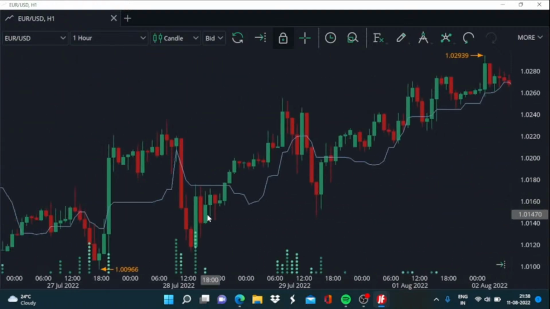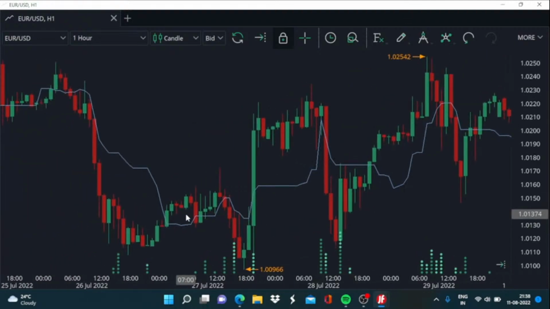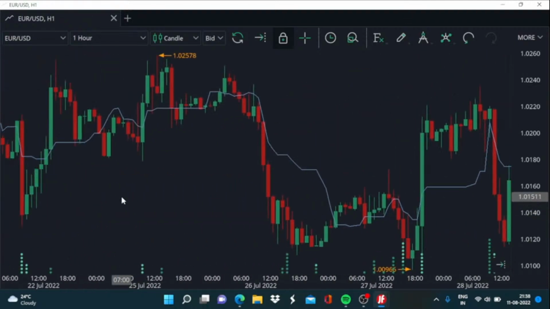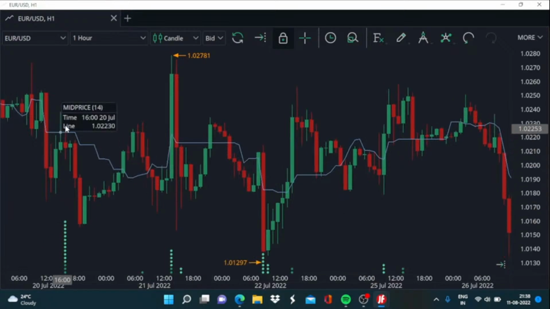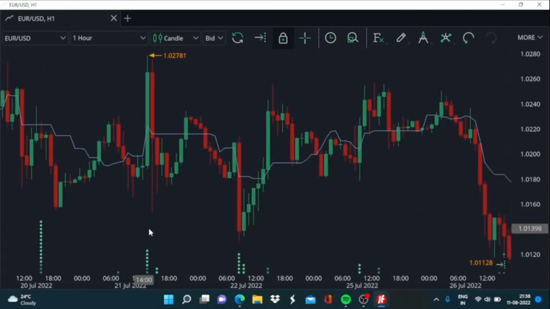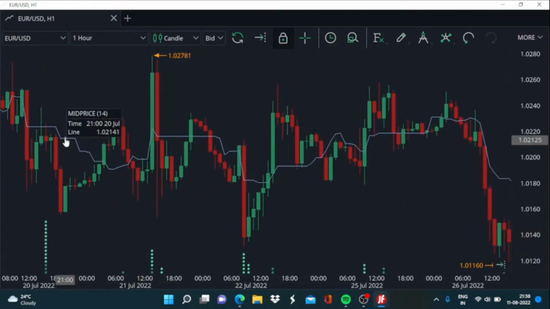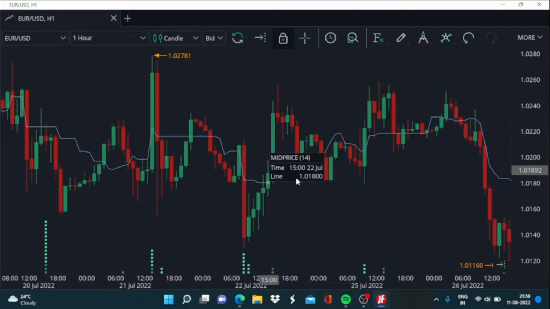And sometimes when the underlying instrument is trading within a narrow range, in such circumstances we see this mid price formation moving within the range. We don't really see it trending much, and that is reflective of the underlying instrument's price volatility.